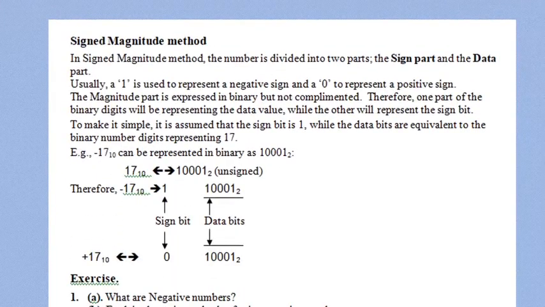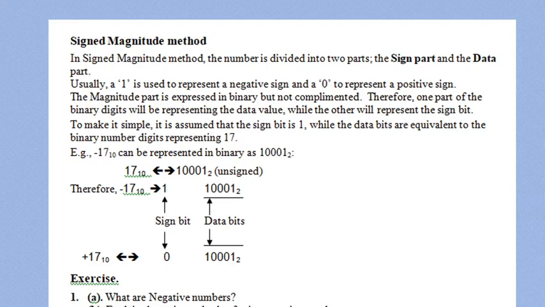Then we have the signed magnitude method. In the signed magnitude method, the number is divided into 2 parts, the sign part and the data part. Usually, a 1 is used to represent a negative sign and a 0 to represent a positive sign. The magnitude part is expressed in binary but not complemented.